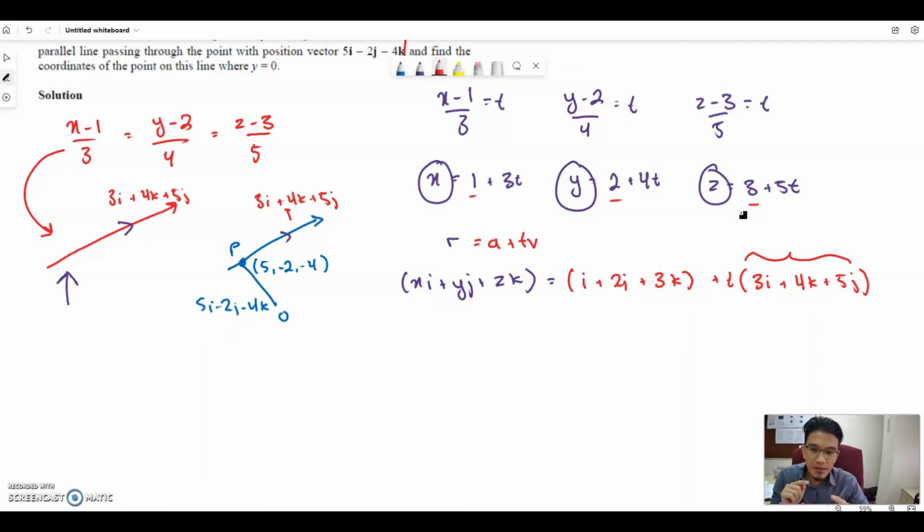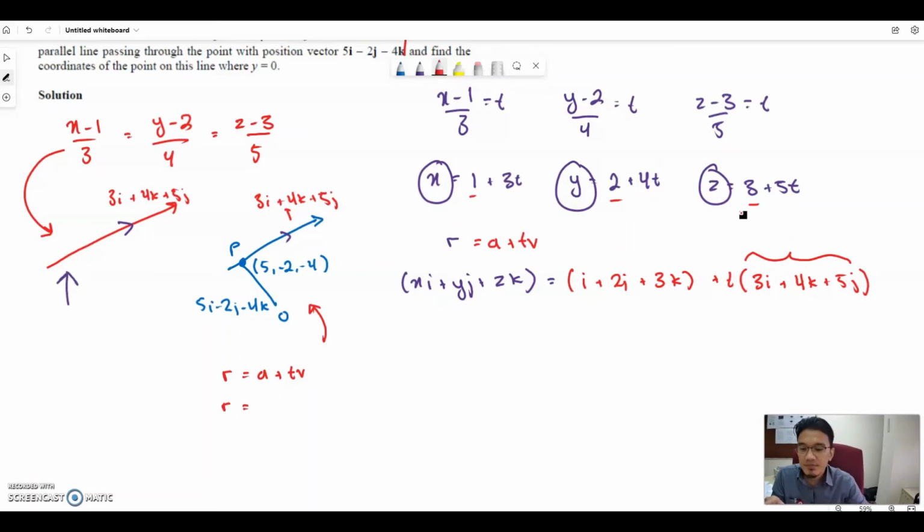Next we have to create another equation to represent this new line that has a fixed point at (5, -2, -4). So another r equal to a plus tv, where r is unknown.